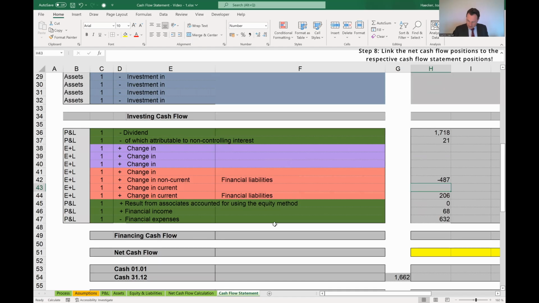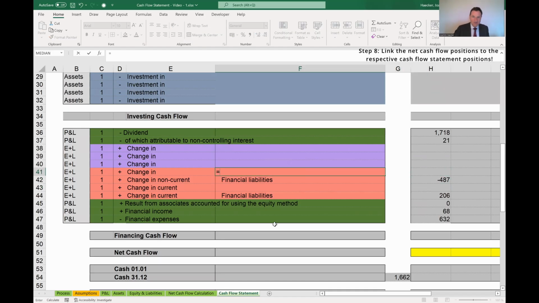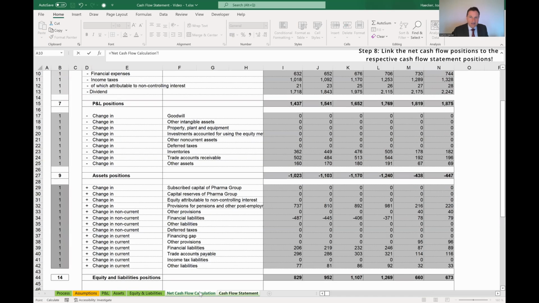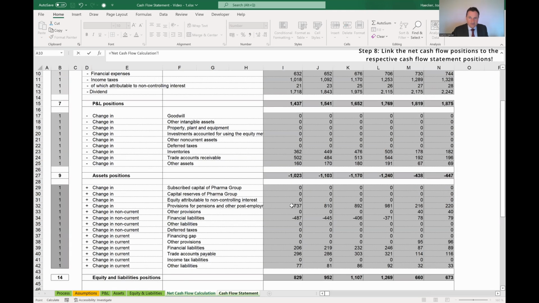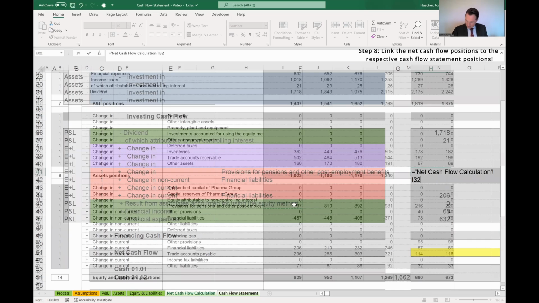Here we go. Then the pension provisions are also interest-bearing liabilities. They are here. So the pension provisions connected. Here we go.